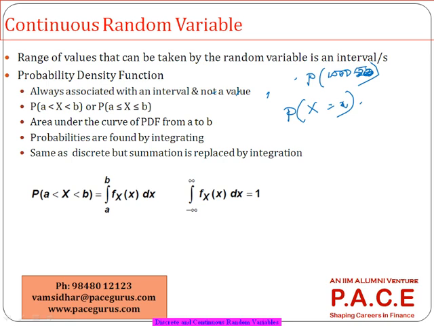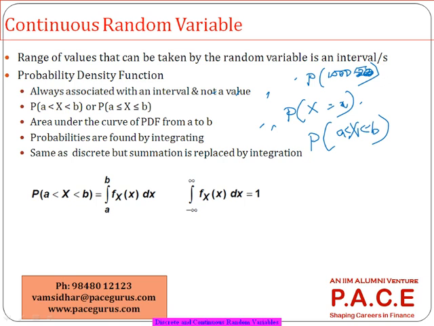In the continuous case, the only possibility is the probability of my X lying between a and b. Only for a range can I talk about it. So the probability that the claim amount lies between 1000 and 2000.